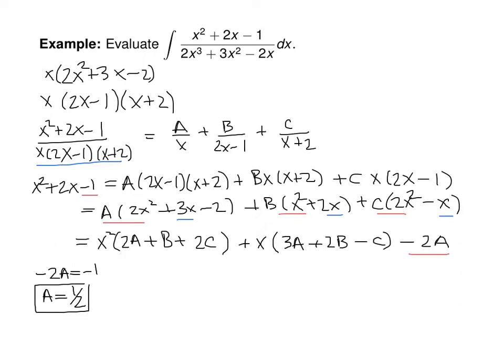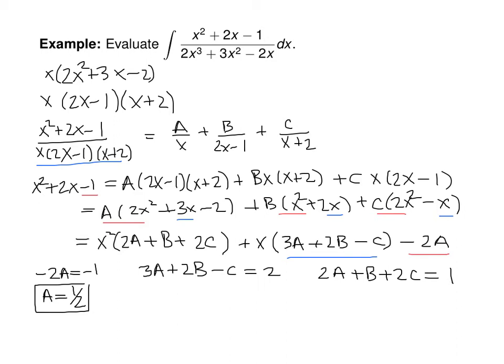Alright, next we have the coefficient of x. 3A plus 2B minus C has to equal 2. And the coefficient of x squared, 2A plus B plus 2C has to equal 1.